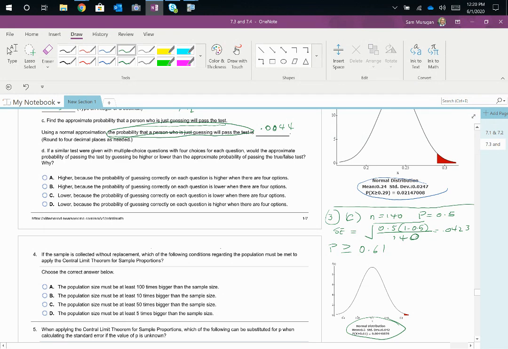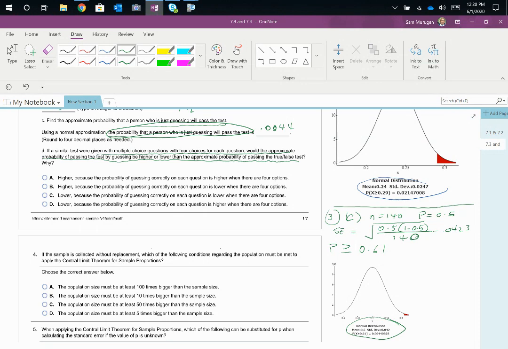Now, the question continues. If a similar test was given with multiple choice questions of 4 choices, would the approximate probability of passing the test by guessing be higher or lower? By the way, if you interpret that probability, this person has a 0.4% probability of passing the test by guessing only.